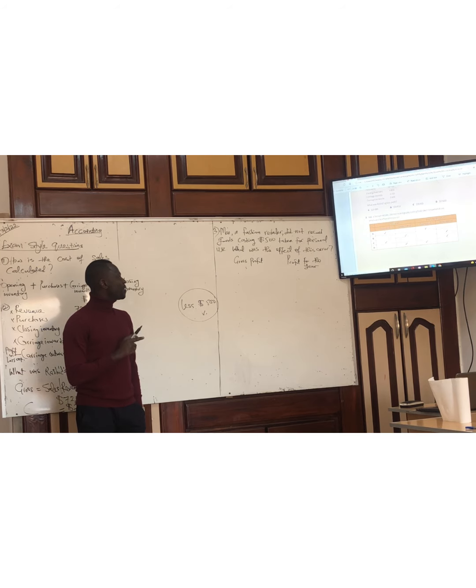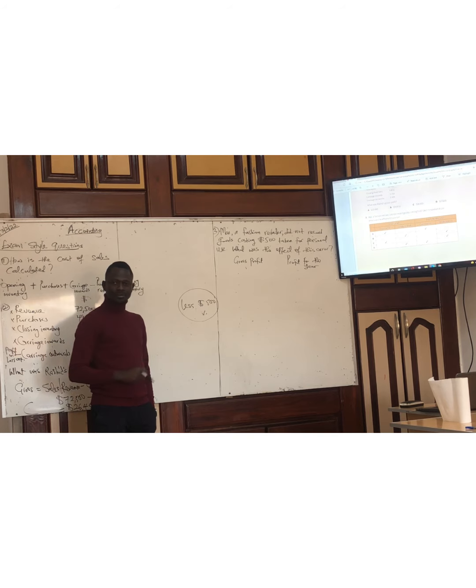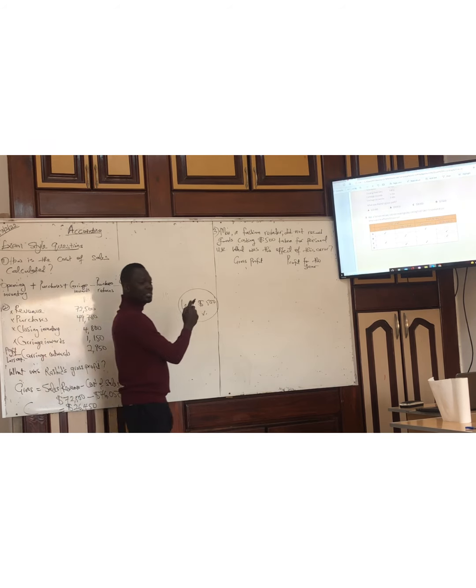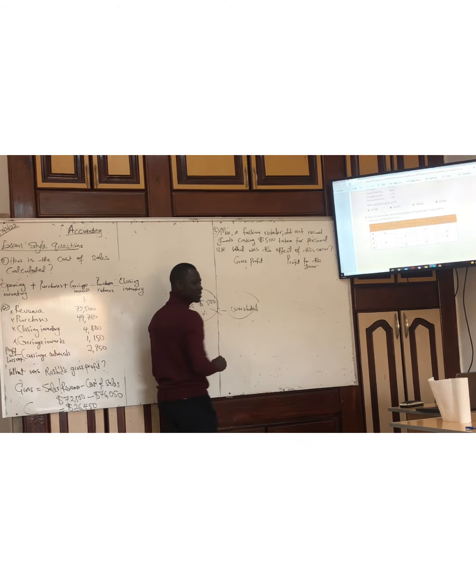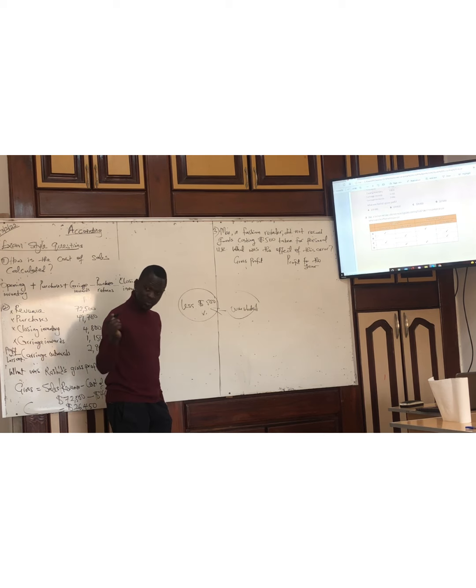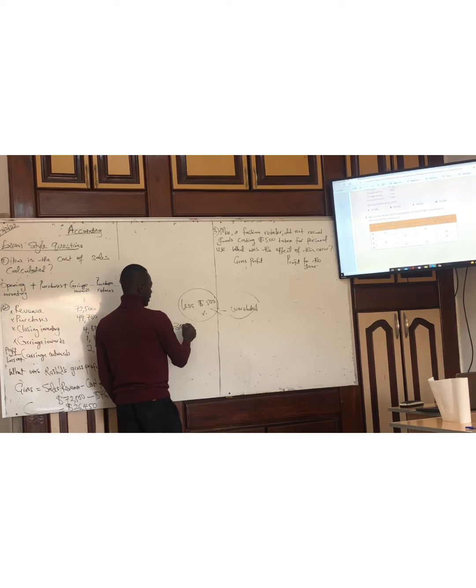So why will the profit for the year be understated? If the gross profit is overstated, because you forgot to less these amounts. Let's assume your gross profit is supposed to be $3,000, okay?